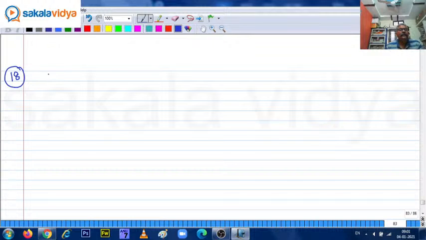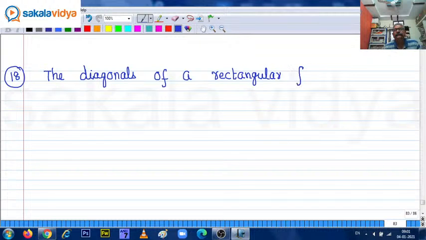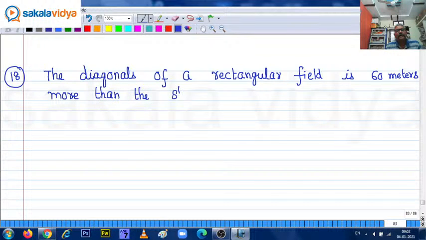Right, next question. The diagonal of a rectangular field is 60 meters more than the short side.